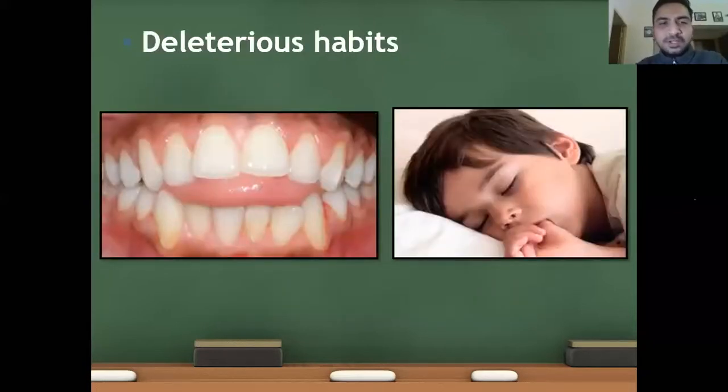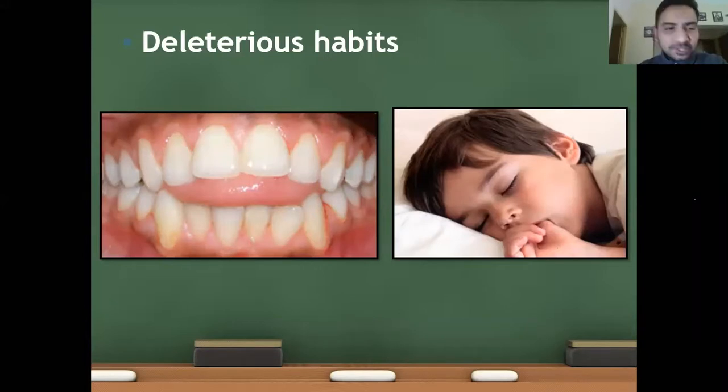This is fairly straightforward. We'll have a class on different habits. Probably you had it in periodontics. So if a child is developing any habit like thumb sucking, tongue thrusting, or anything like that, we know that these habits can lead to malocclusion like proclined teeth, open bite, and so on. We have to stop those habits.